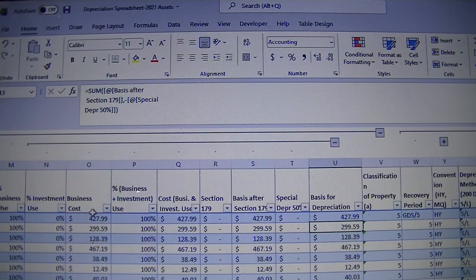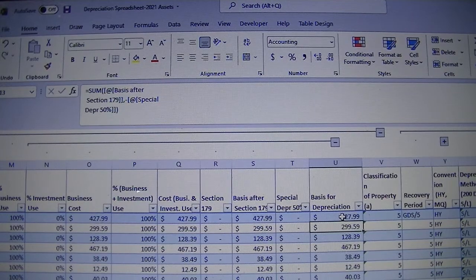So the basis for depreciation will be pretty much business cost minus the section 179 minus special depreciation that you took. And in my model, in this example, we are not taking section 179, we are not taking any special depreciation. Therefore, the basis for our depreciation is going to be the cost of the item, as we use the item 100% of the time.